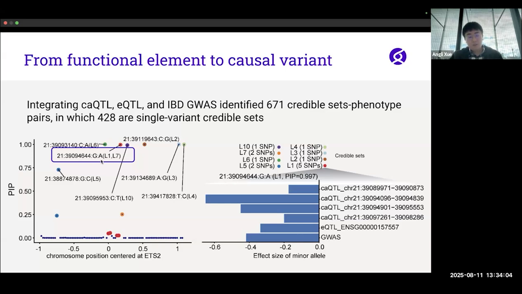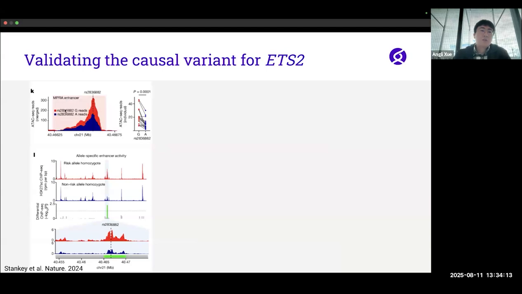And if we look at the study I mentioned, which used functional experiments to verify the effect, they did some ATAC-seq in monocytes, and this is very consistent with our statistical inference.